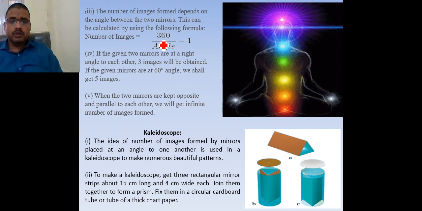This formula is not in your syllabus, but whenever you have a question on how many images will form when mirrors are kept in this condition, use this formula: 360 degrees divided by the angle, minus 1. Put in the value of the angle at which the mirrors are kept, and you will get the number of images formed.